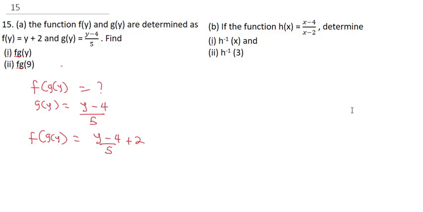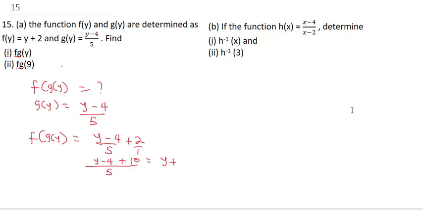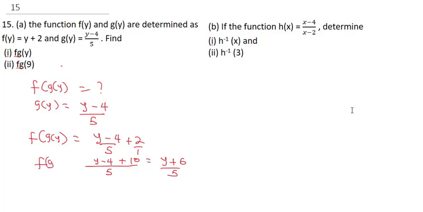So from here, in order to solve this, you need to do an LCM. The LCM is 5. So you're going to have y minus 4 plus 5 into 1 here, it's 5. 5 times 2 is going to give you 10. So this is going to give you y, 10 minus 4 will give you plus 6, all over 5. So your f of g of y is equal to this.